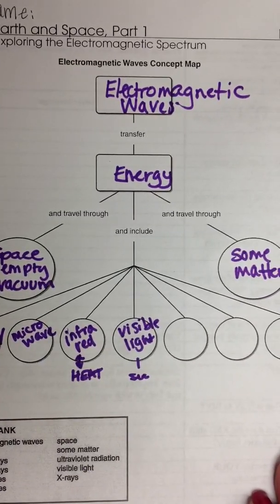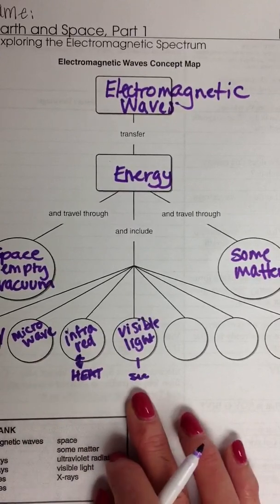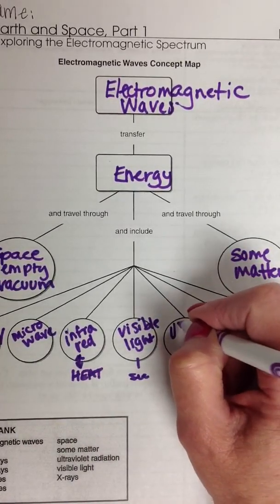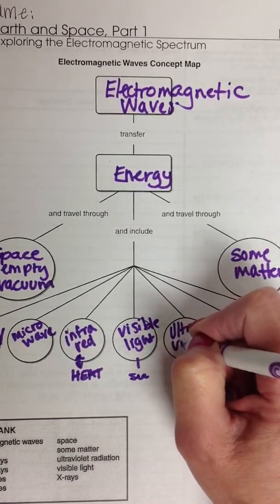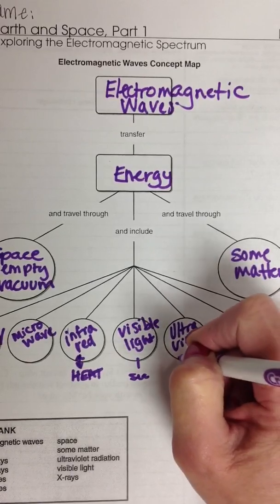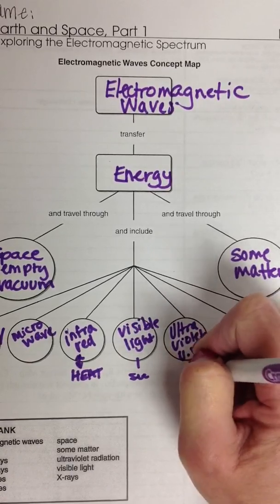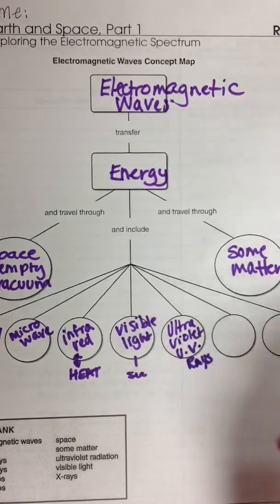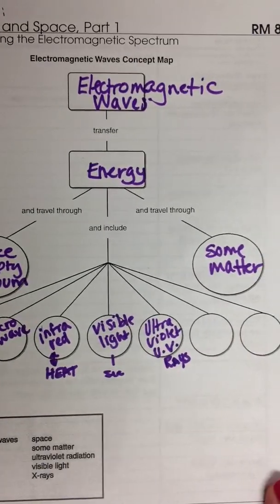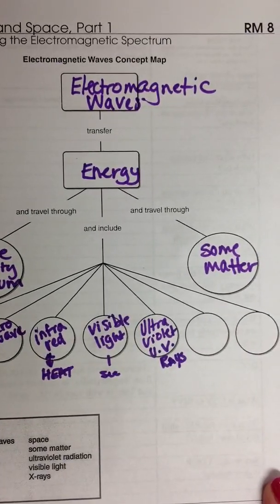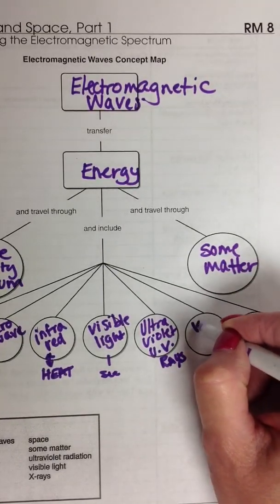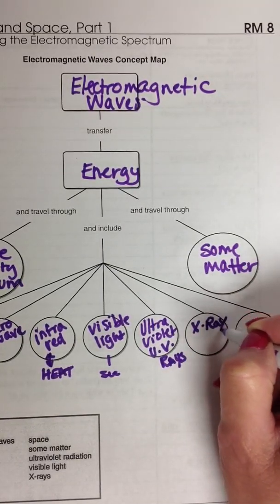The next form of energy that has more energy than the rest of these would be ultraviolet, also called UV rays. And a little bit higher than that would be, what do you think? X-rays. Good job.